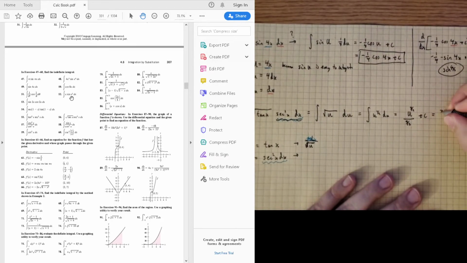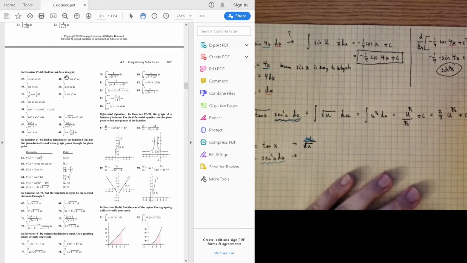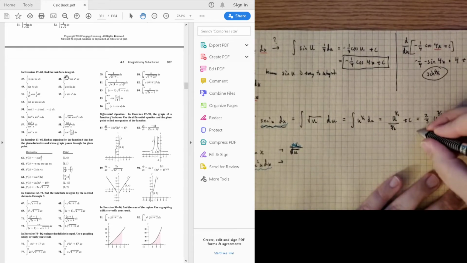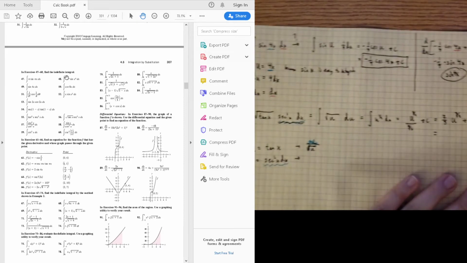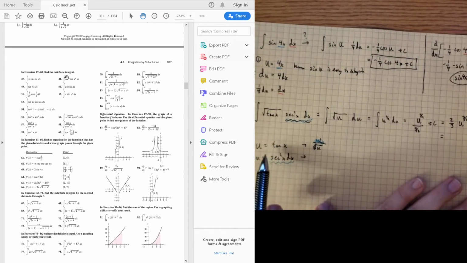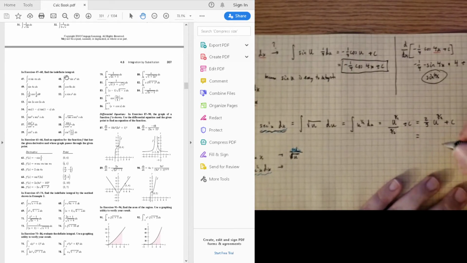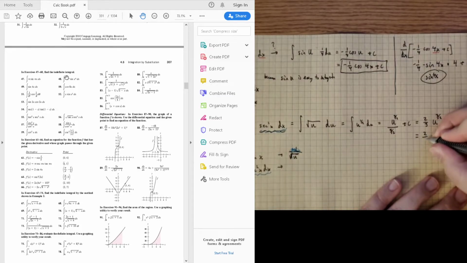So this will become 2/3 u to the 3/2 power, plus c. And then everywhere there is a u, I'm going to instead put in its actual definition from over here. Everywhere there is a u, we actually put in tangent of x. So we have 2/3 tangent x to the 3/2 power plus c.